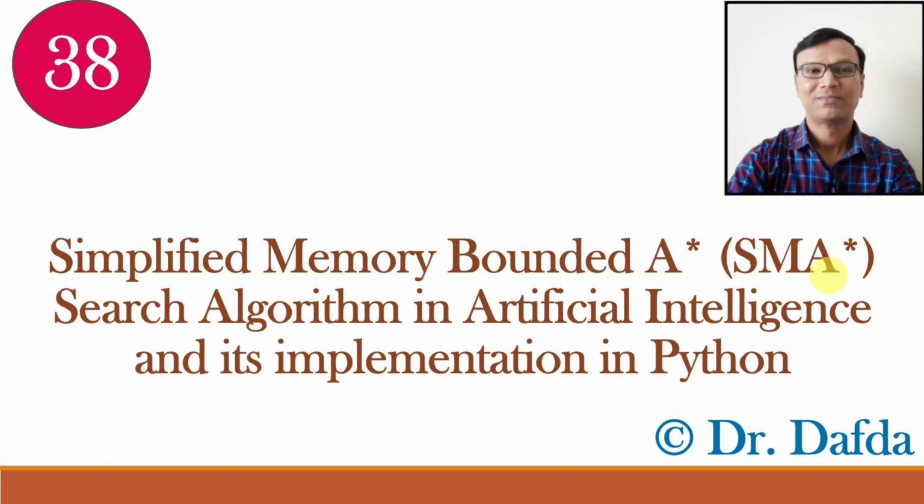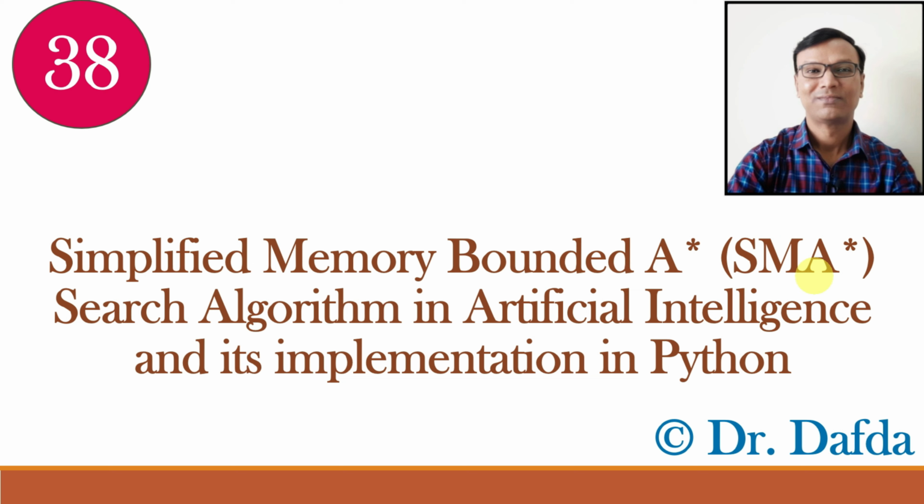And what is MA star or memory bounded A star? MA star is the original memory bounded A star search that manages a fixed memory budget by pruning or removing the least promising nodes and backing up their costs to their parent nodes for potential future regeneration.